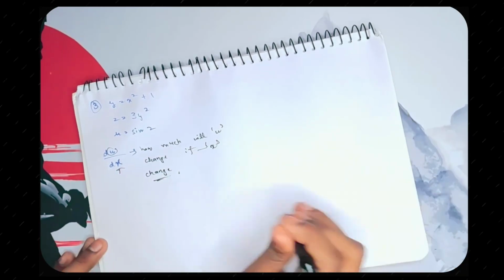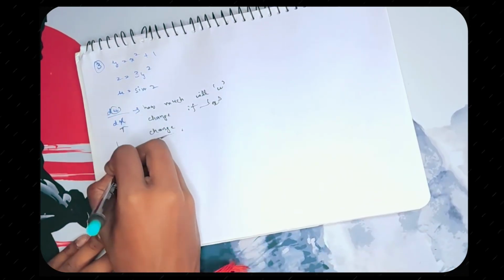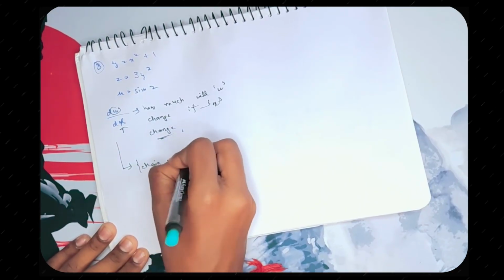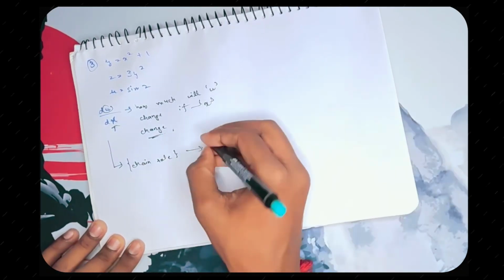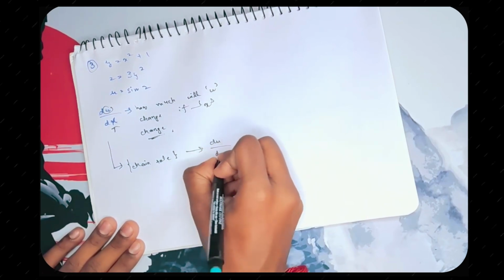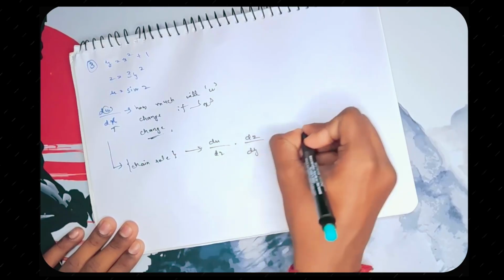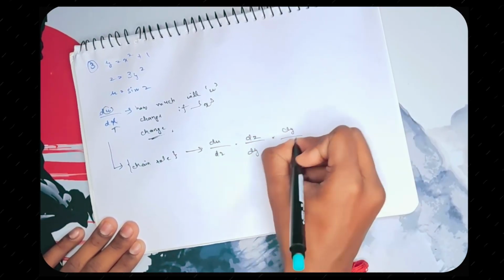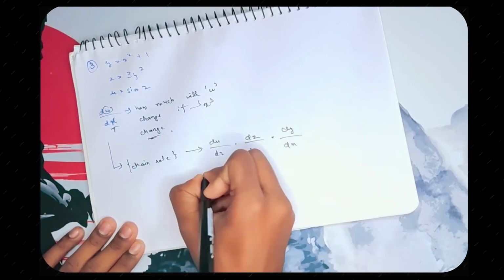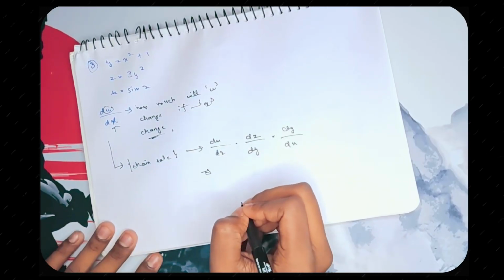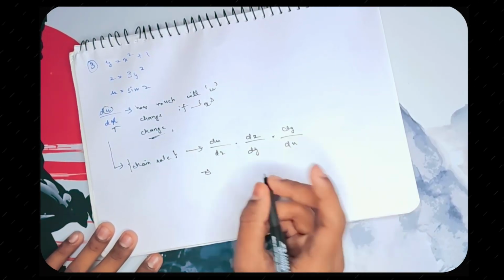Simple. Now how to solve this? So using the chain rule, you can easily expand it and get du by dz times dz by dy times dy by dx. Now expanding this, we will get the derivative of sine z, and that will be nothing but cos z.